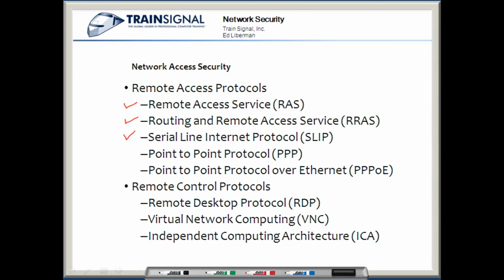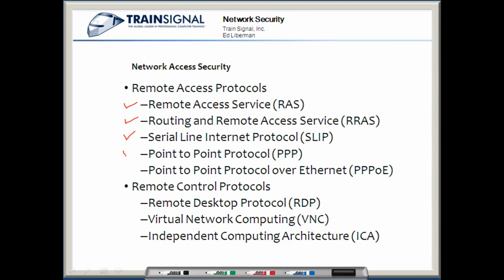It was one of the original remote access protocols that were created when we first had the idea of allowing users the ability to make connections from a remote location. So I just wanted to mention it. It's not even listed on the Network Plus objectives, but I think it's important that you know the history behind where some of this came from. So this was one of the original remote access protocols, not so much used anymore.